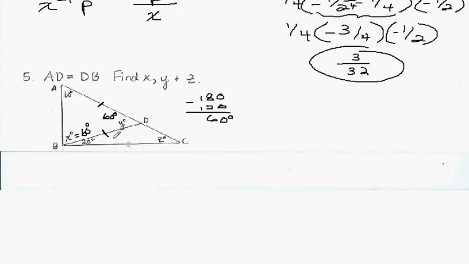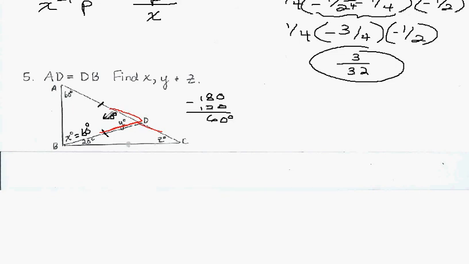Now all we have to do is find z. Now this angle right here, this angle and this angle, they lie on the same line, so their degrees need to add up to 180.